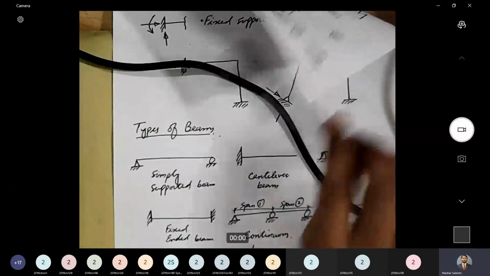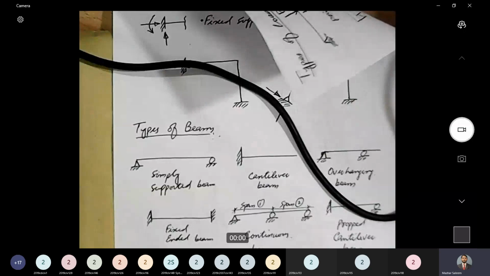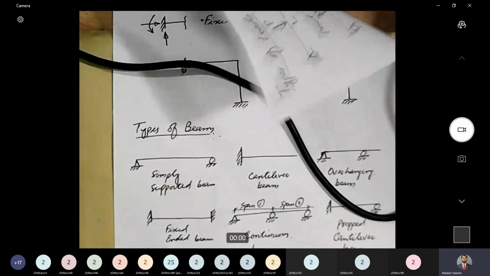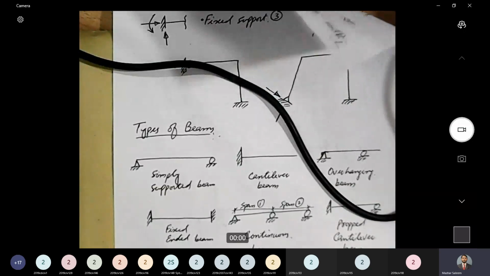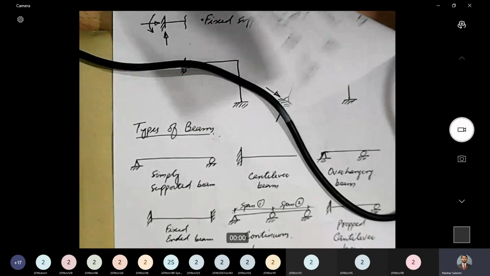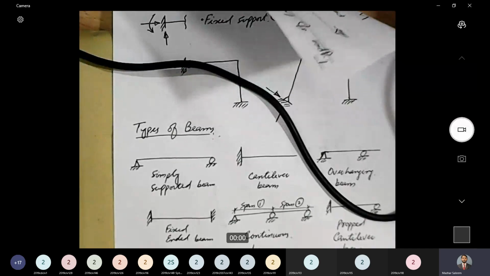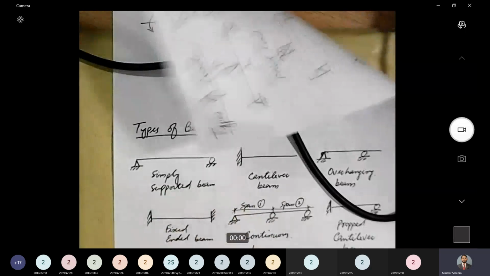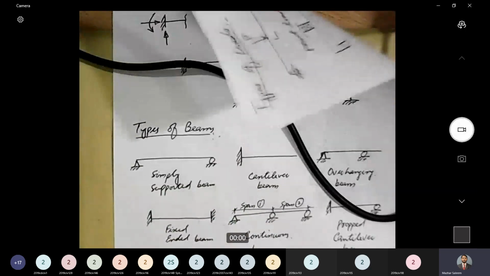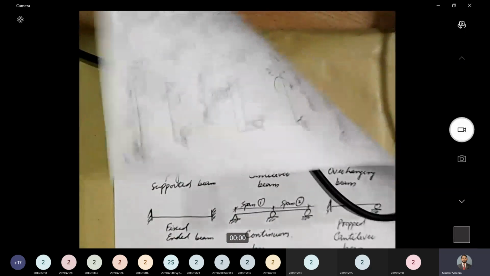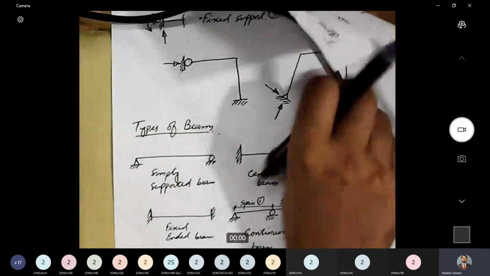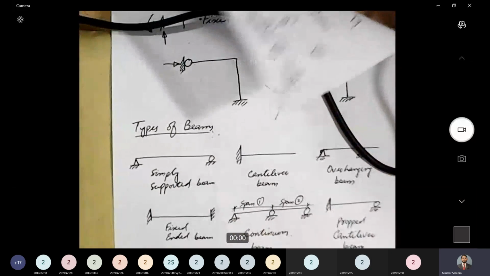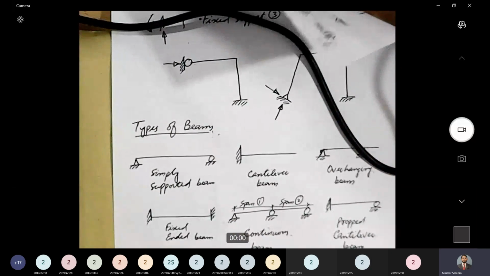In reality, even roller supports can generate some horizontal reaction. So for the real supports, it's hard to categorize them into any one of these categories in a hard and fast manner. It's an approximation that we say that, okay, this support is a roller support or this support is a hinge support. Okay.